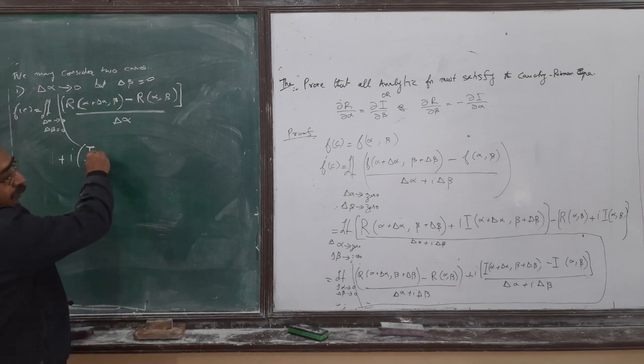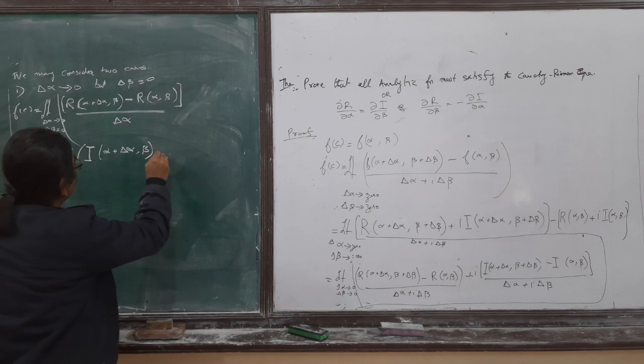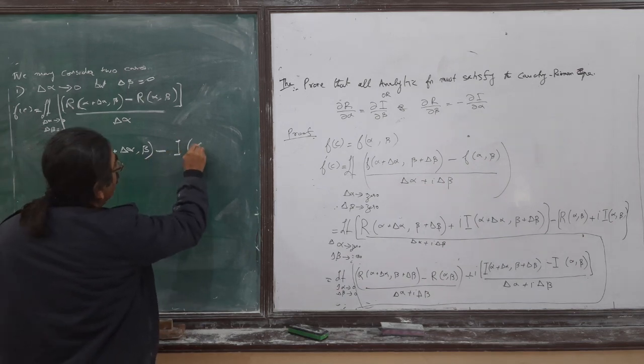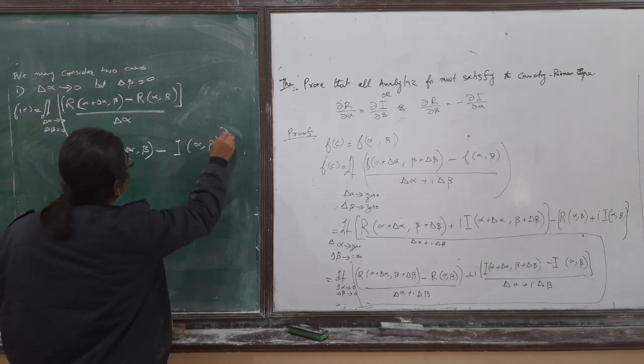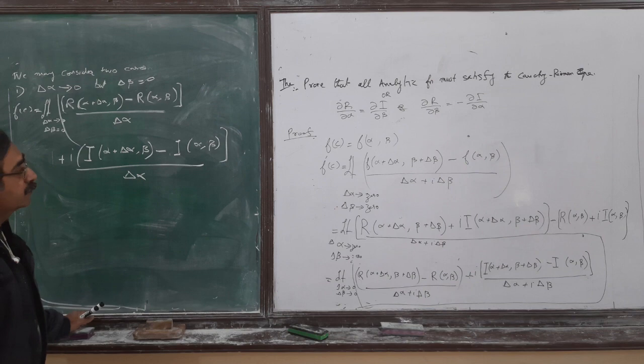I is a function of alpha plus delta alpha, beta as it is, minus I of alpha beta, divided by delta alpha.